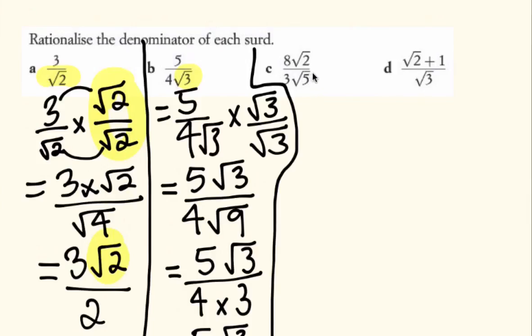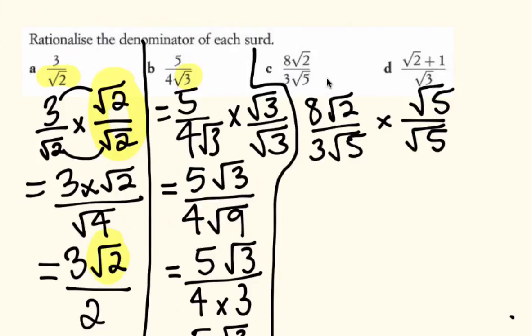Well, we would multiply it by itself, as in squaring it, and we have to also multiply that by square root 5 on the top. So 8 times square root 10, because 2 times 5 gives me 10, and we can only multiply what's underneath the square root.